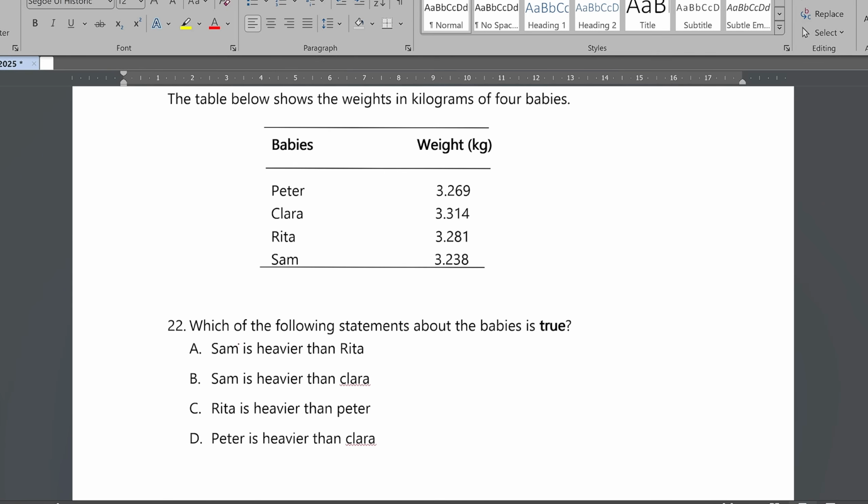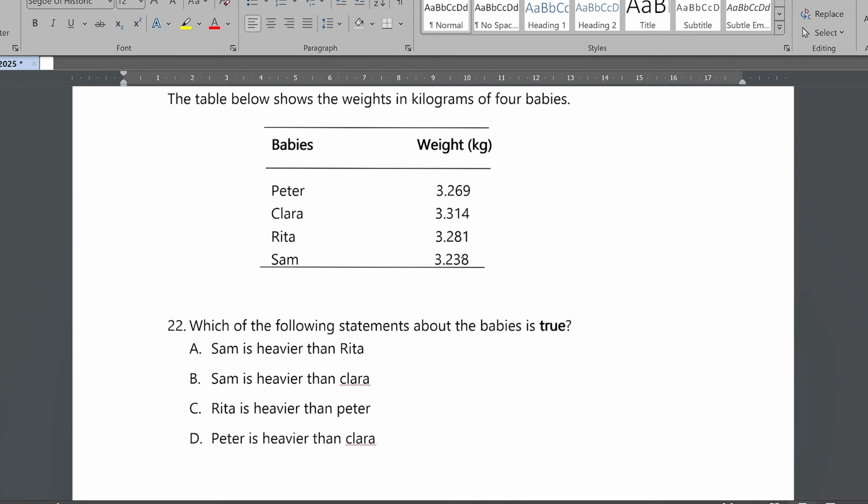The first one, Sam is heavier than Rita. Let's compare their weights. Sam 3.238, Rita 3.281. So it is Rita who is heavier than Sam.